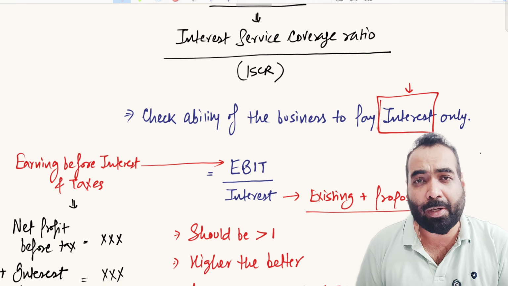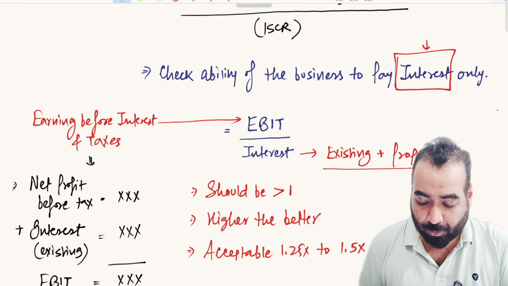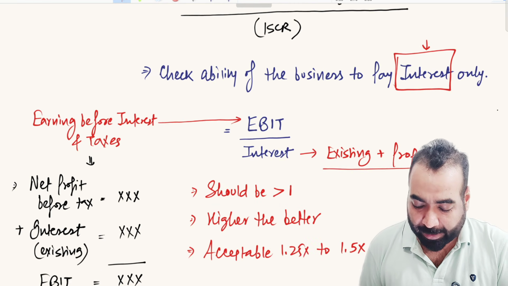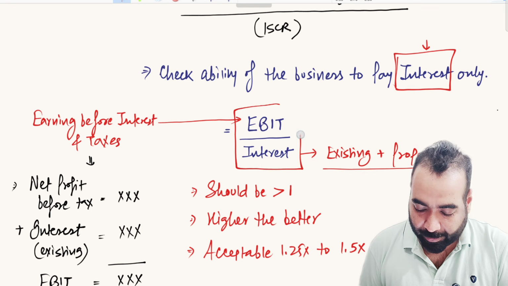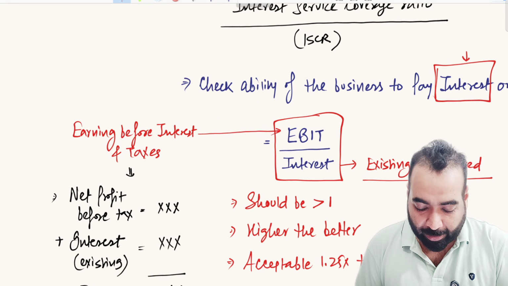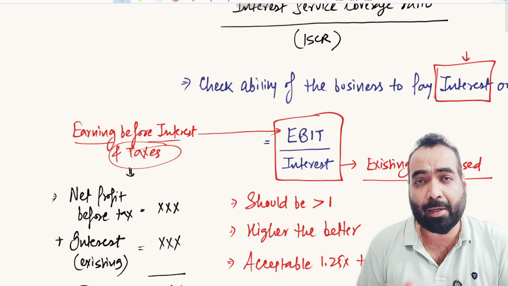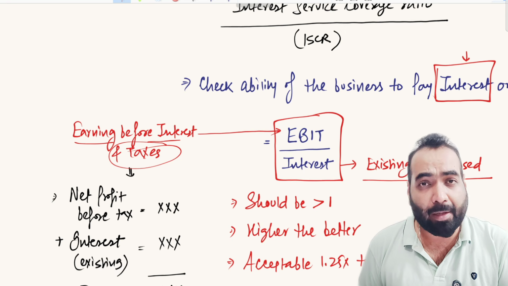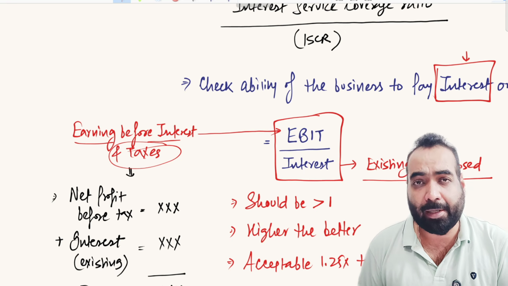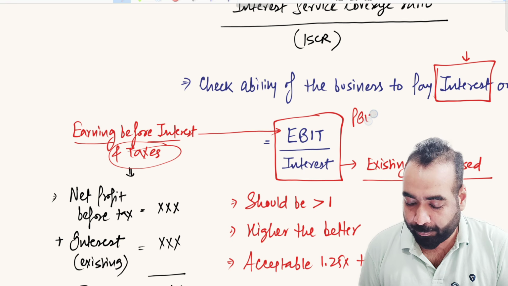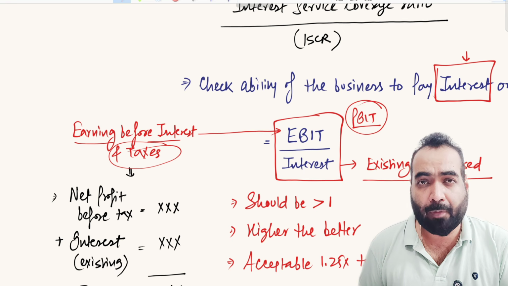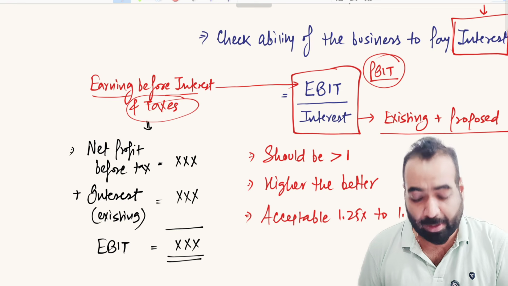So how do we calculate the interest coverage ratio? The formula we use is EBIT divided by interest. EBIT is earnings before interest and taxes. In DSCR, we took EBITDA, but here we take EBIT. We can also call it PBIT, profit before interest and tax. The formula is very simple.